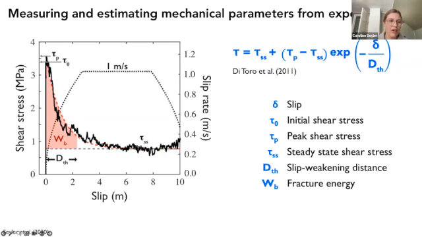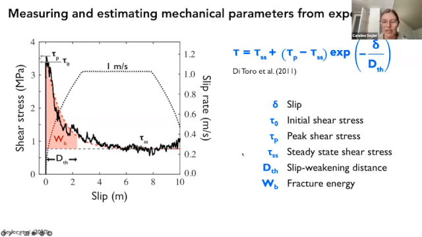And then we can fit a model to that stress decay that looks something like this, where we get out this slip weakening distance here, and then the area under the curve between the stress evolution and this slip weakening distance is the fracture energy.